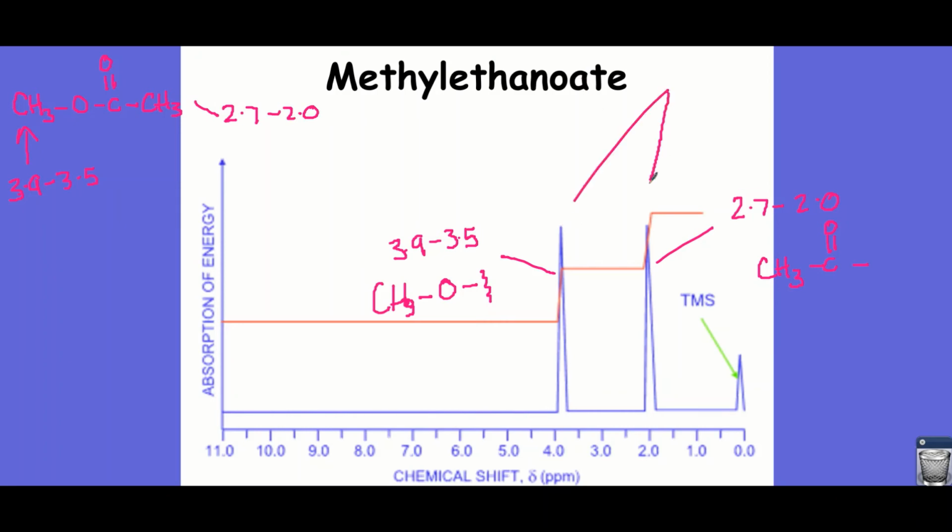Maybe just take a wee note that the size of the peaks shows the same number of H's in each environment. So using the table, have a good look at that. Make sure you know why each peak is there, why that's the range of values and how that all matches up.